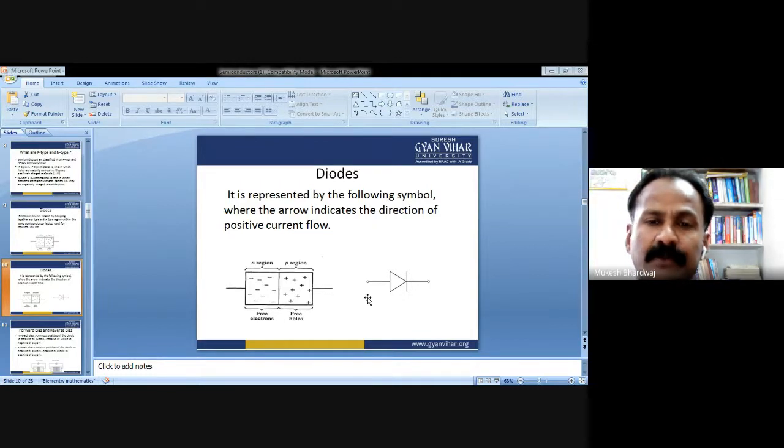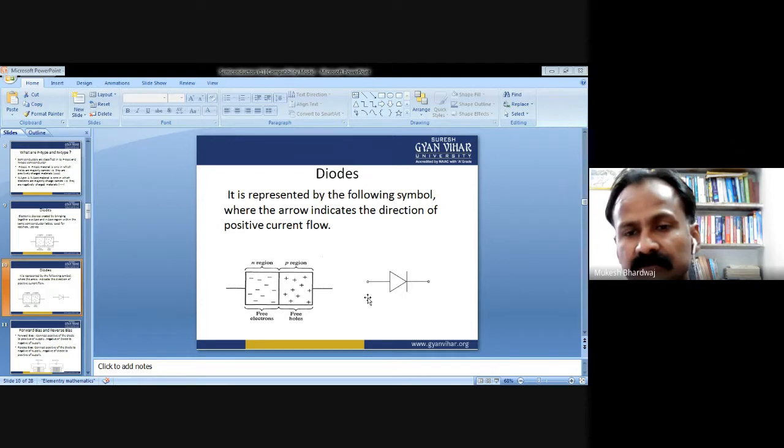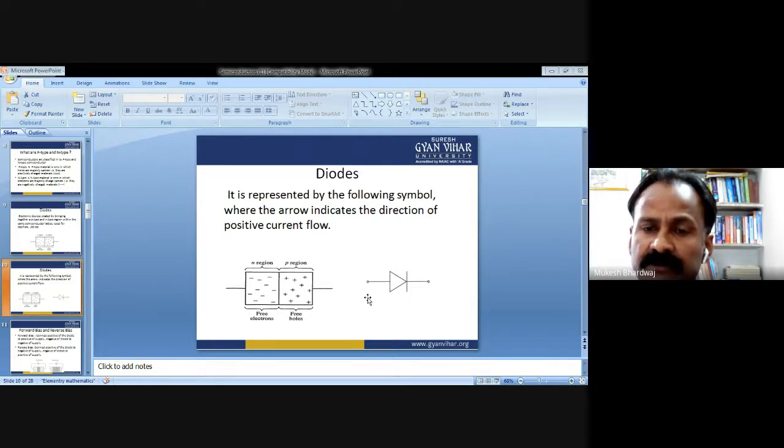When you apply a voltage across this diode, that is, when you connect the positive terminal of the battery to the P side and the negative terminal to the N side, then the current starts flowing through the diode, with some variation in the flow of current. We will discuss the VI characteristic of the diode later.